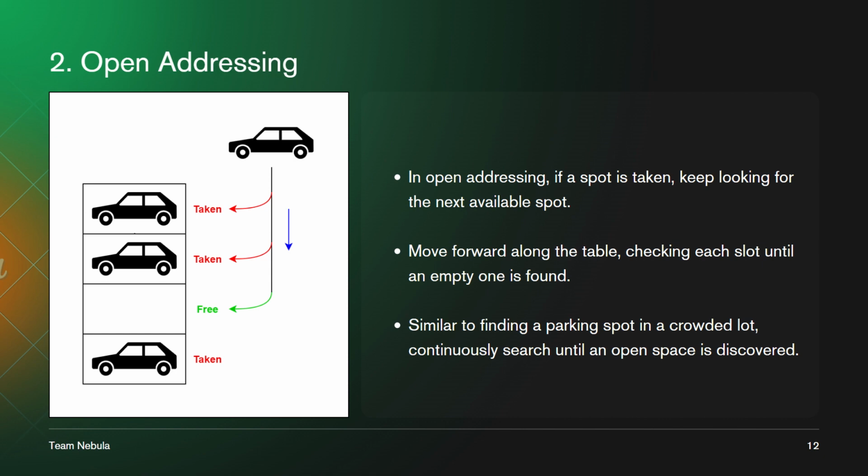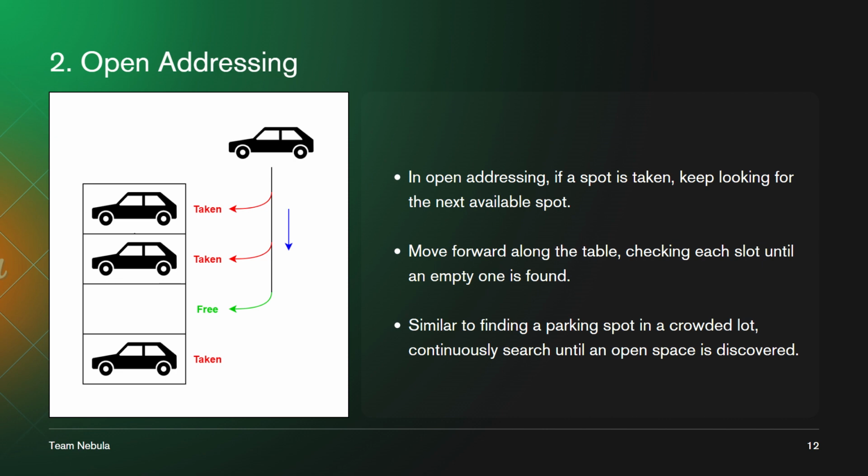Instead, we will keep looking for the next available spot until we find an empty one. So, if one spot is occupied, we start moving forward, checking each slot until we find an empty one. This way, we are still sticking to our table, just moving along it until we find a free space. That's why they call it open addressing.